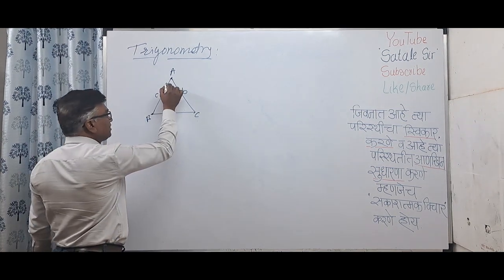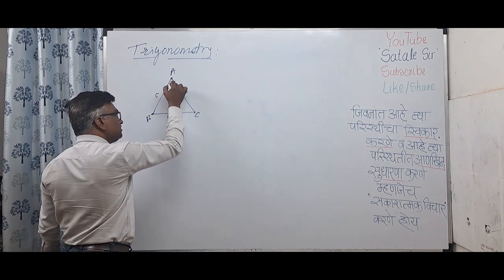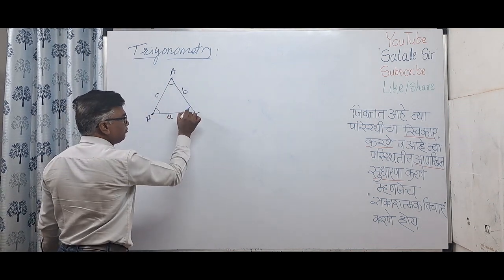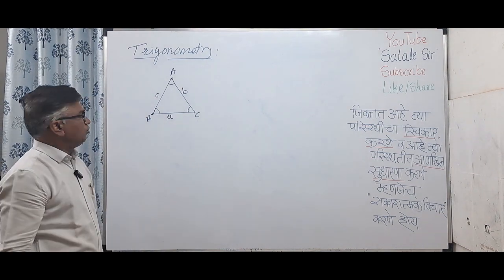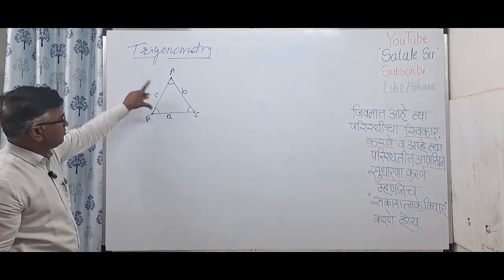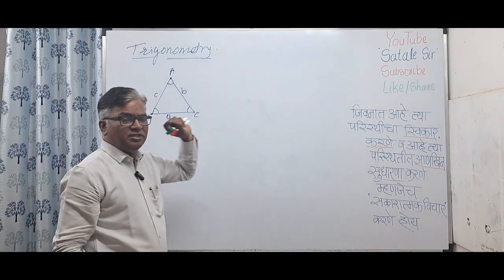These angles are represented by the vertices themselves. So this will be angle A, this will be angle B, and this will be angle C. So a triangle will always look something like this. Now these angles might be different and these sides might be different.